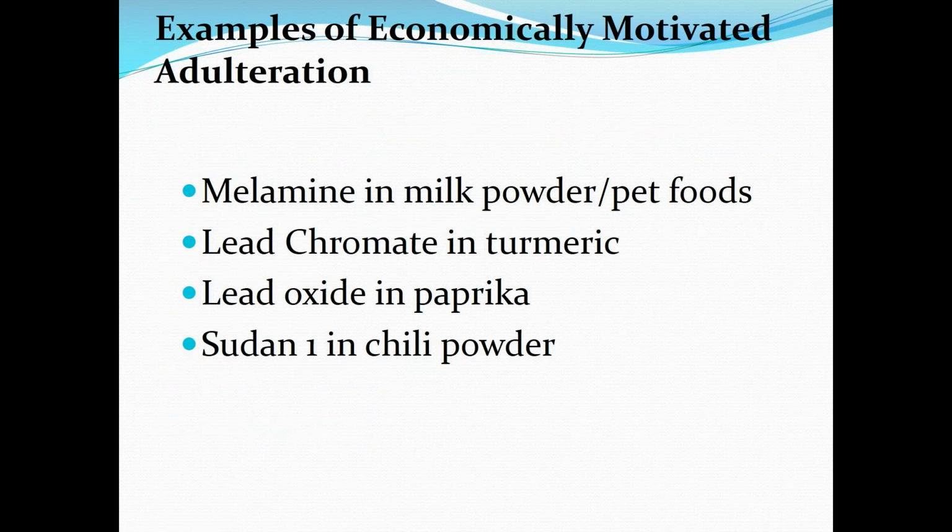These are some of the recent examples of economically motivated adulteration. The first one happened in China, melamine in milk powder and pet foods. Melamine is a nitrogen-rich industrial byproduct. This was added to dairy products by some milk firms to increase the apparent protein content. Fresh milk payment is mainly through the solids content and protein content.